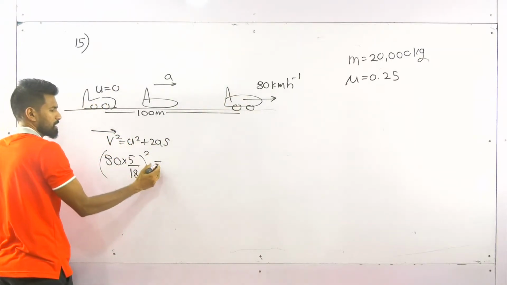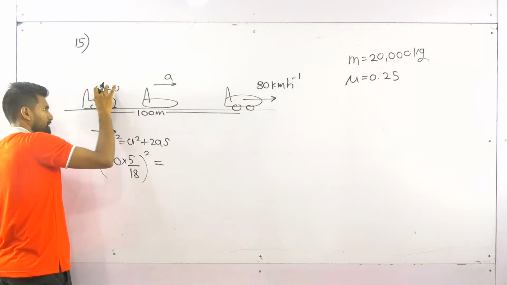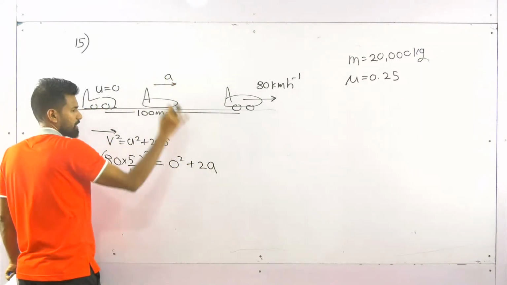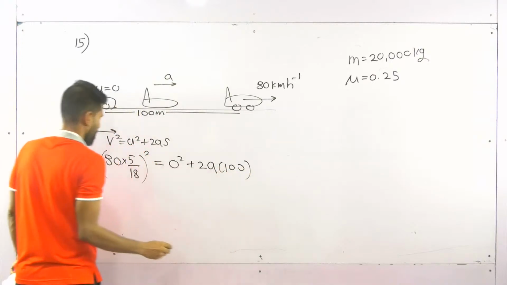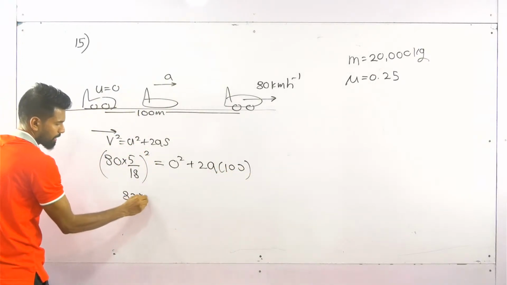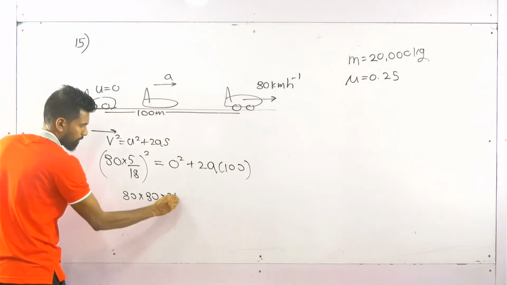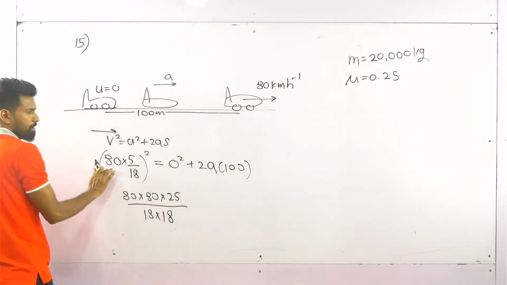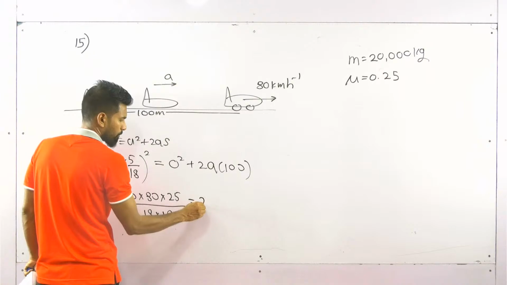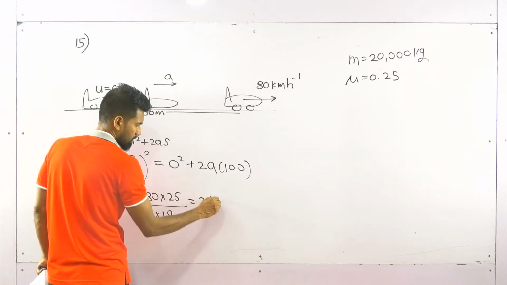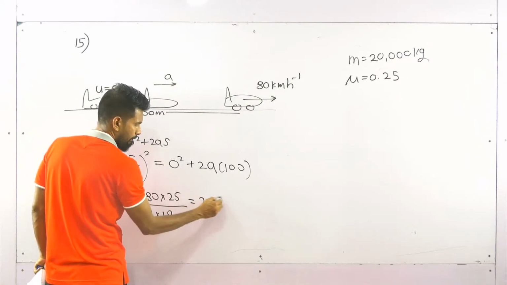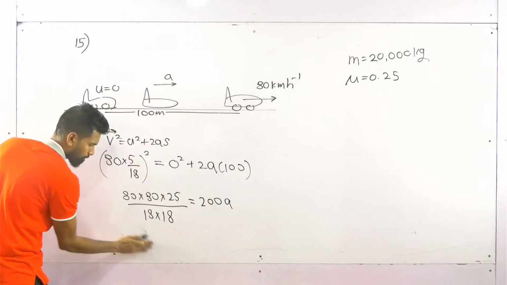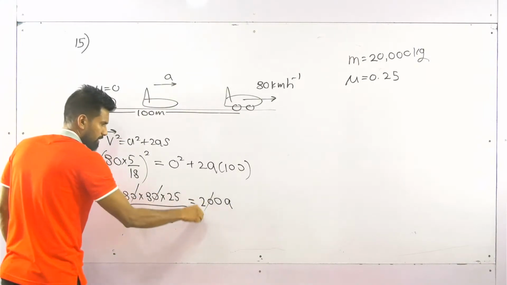v squared is equal to u squared plus 2as. It's at rest in the beginning, so u is 0. 2 times acceleration times distance 100. So 80 into 80, 25 over 18 into 18... here v squared is equal to 2a times s, where s is 100, so here it's 200a. Two zeros will cancel out.